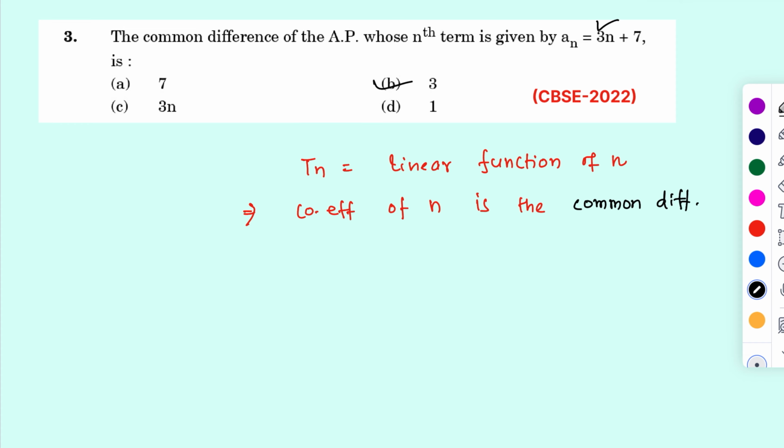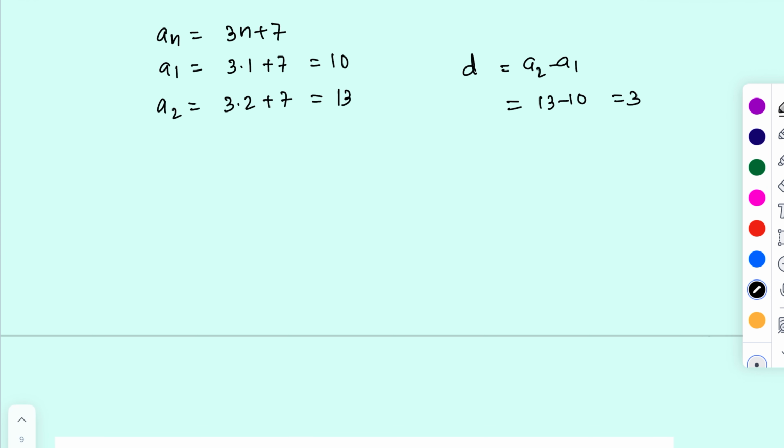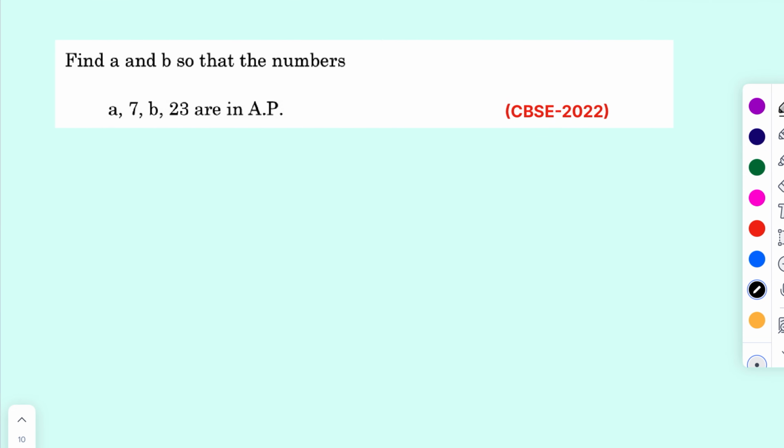That means common difference is 3. Here also you can write an is equal to 3n plus 7. So a1 will be equal to 3 into 1 plus 7, which is equal to 10. Similarly a2, 3 into 2 plus 7, 6 plus 7 is 13, and common difference d is a2 minus a1, which is equal to 13 minus 10, which is equal to 3.